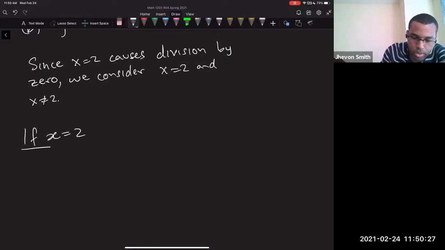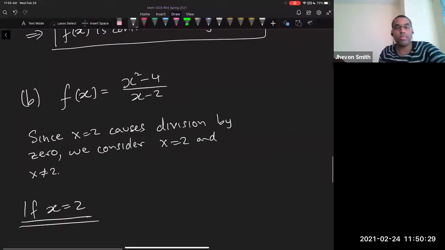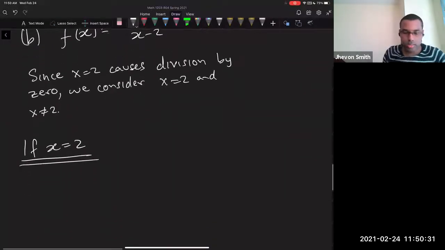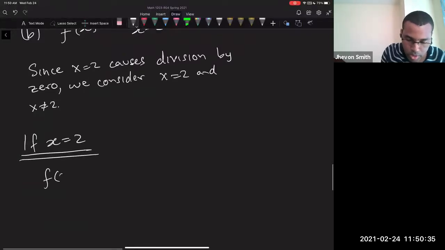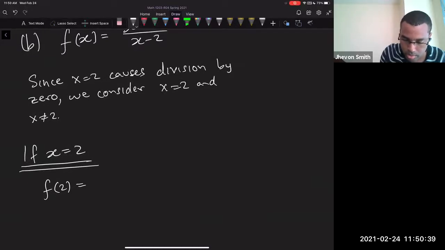If x equals 2, right, you will notice f of 2 is equal to 2 squared minus 4 over 2 minus 2, and that is very wrong. That is undefined.